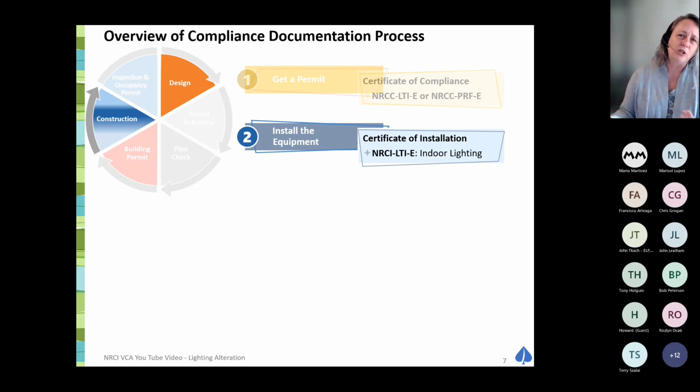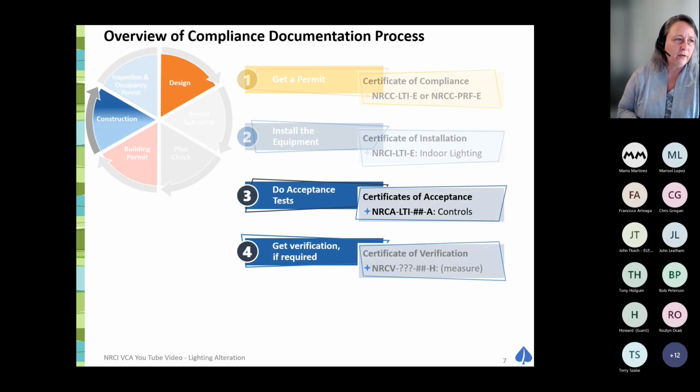So if there have been changes between the certificate of compliance and the certificate of installation, we need to go back and make sure the certificate of compliance truly reflects that install, equal or better. And you'll see that with the new way that the installation form is fed by the certificate of compliance form, that's incredibly important for the installation form to work properly.